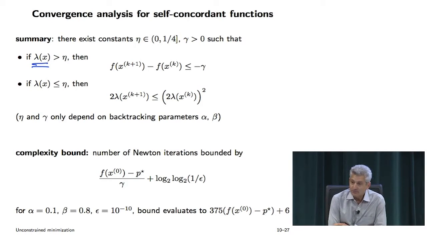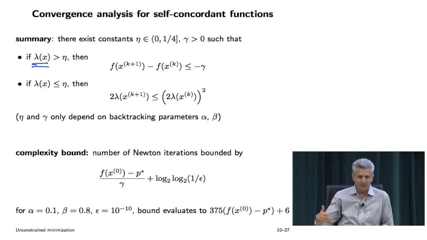And it says the following: if it's bigger than some number, and you can get super duper explicit about the number, it depends only on the backtracking parameters. If you tell me whatever alpha and beta in your backtracking, I can tell you what eta is, and it'd be like 0.16, right? And so you even see cool papers where there'd be things like, if this is less than 0.16, and you're like, where did that come from?